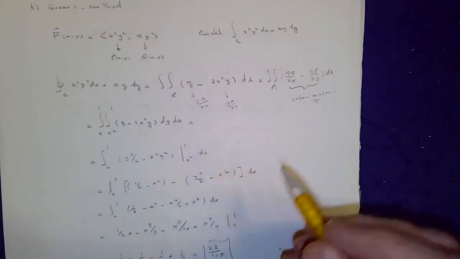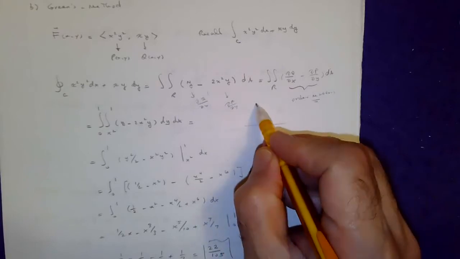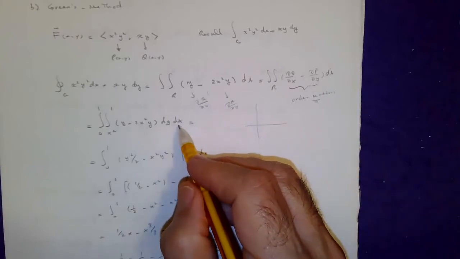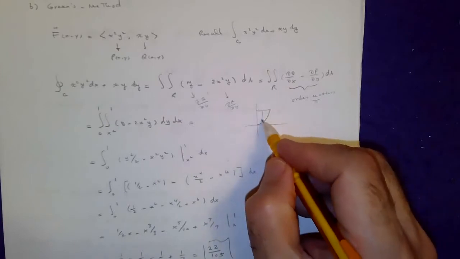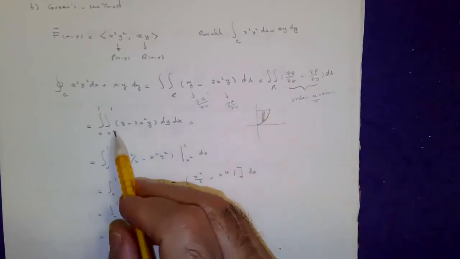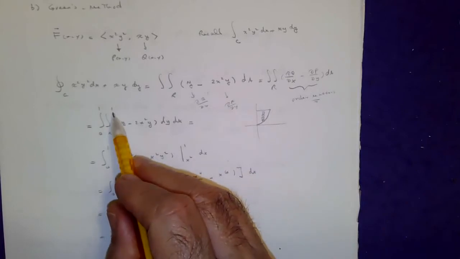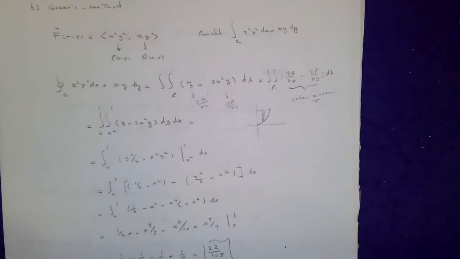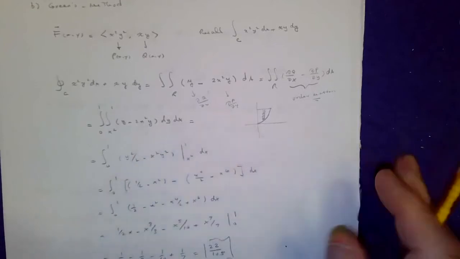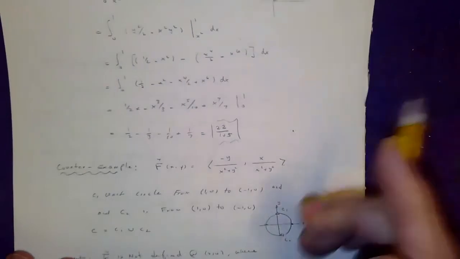So this is dy dx, which is dA, and you're going from, let's say, the parabola to the horizontal line, and x goes from 0 to 1. Okay? When you evaluate this, lo and behold, you get the same answer.